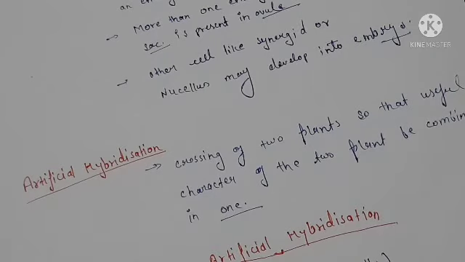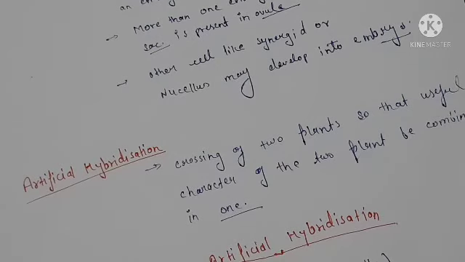Means if a plant is more resistant to bacteria, we will take the gene of that plant and enter it into the plant which is not resistant to that bacteria, through artificial hybridization.